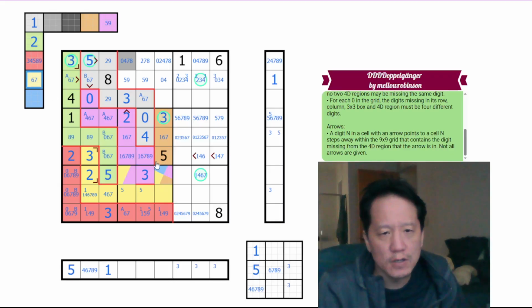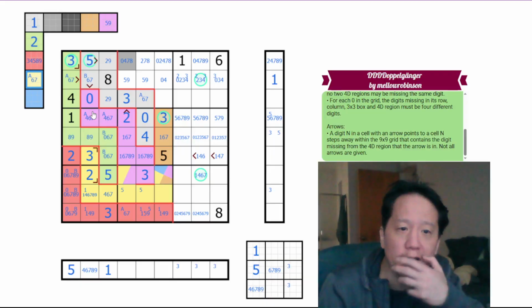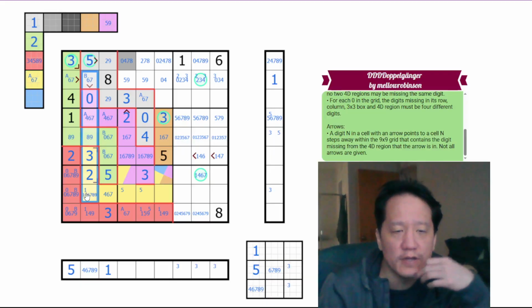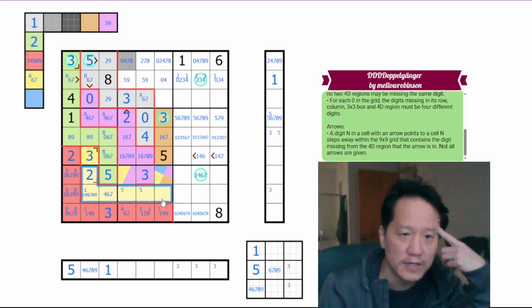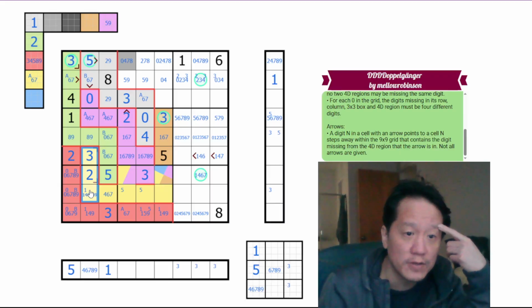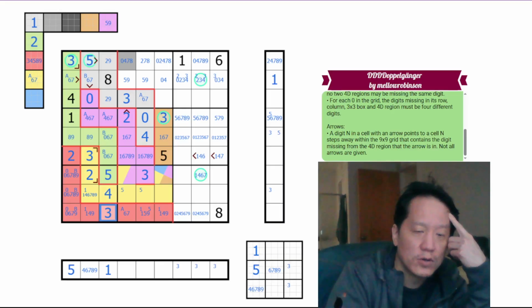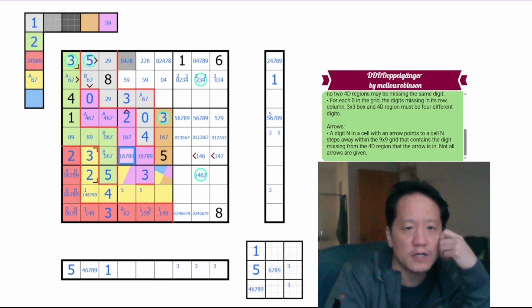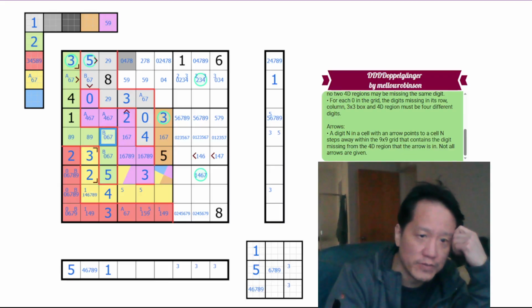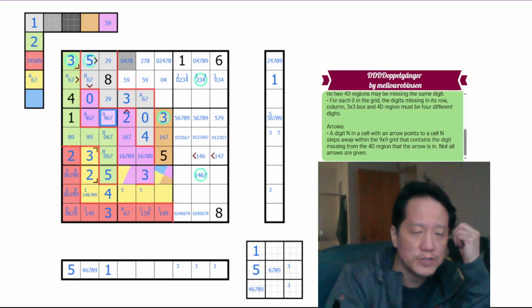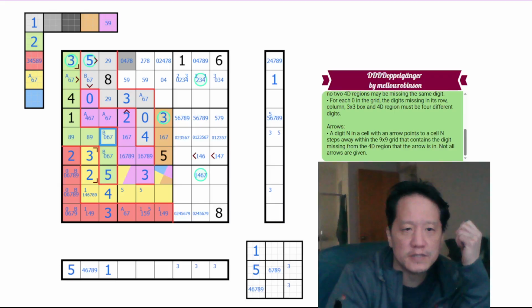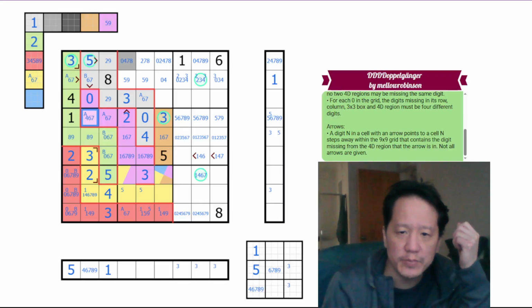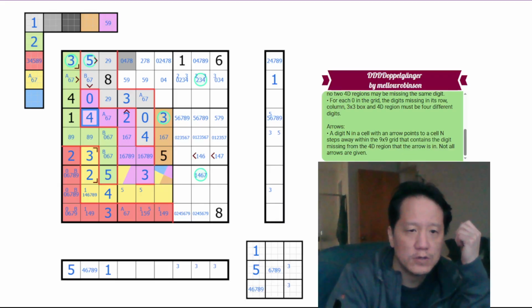Yellow is missing A. Okay, so anywhere that B is in the same row or column as yellow, it cannot contain a 6 or 7. Therefore, this can't be 6 or 7, it's 4. Because yellow's missing A, and B has to be one of these two. So this cannot be 4, it's A as 6 and 7. This can't be A, it's 4.